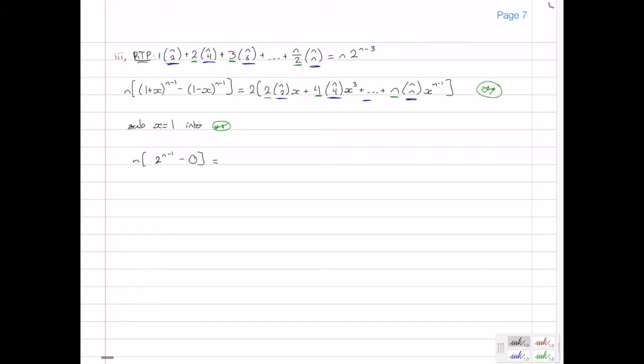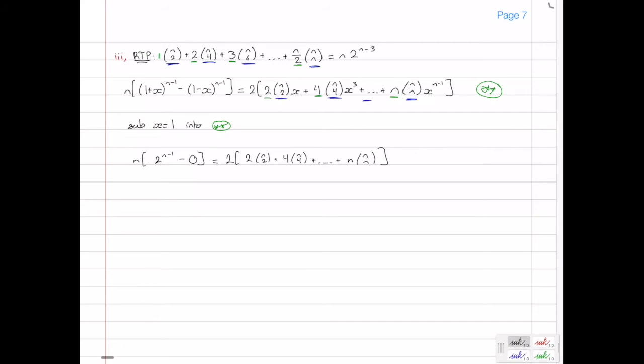Okay, subbing in on the right-hand side, I have 2 times n choose 2 times 1 plus 4 n choose 4 times 1 cubed, which is just 1, all the way up to n choose n, 1 to the n minus 1, which is just going to be 1.